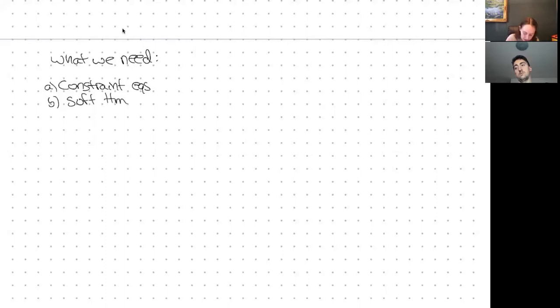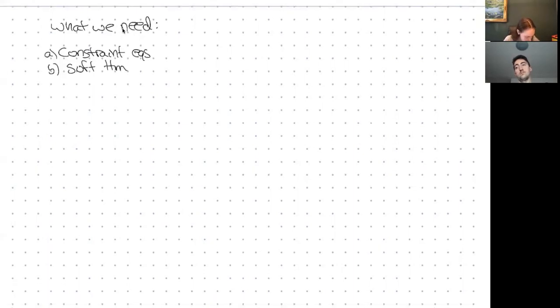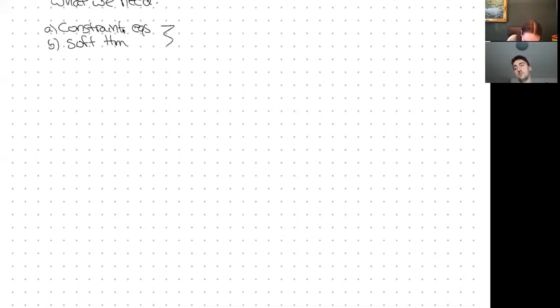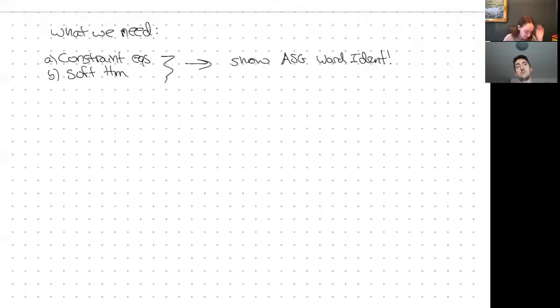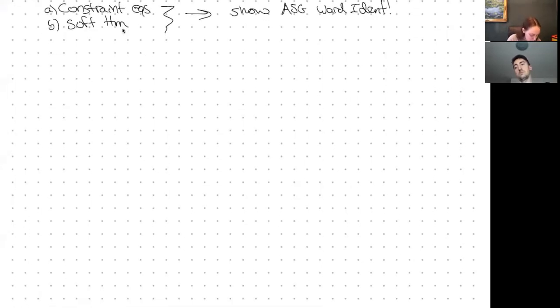And then from there, I don't want to include Stokes' theorem as an ingredient, it's fine. So with these two, we're going to be able to show this ASU Ward identity semi-classically, because we already have the matching condition. Great.